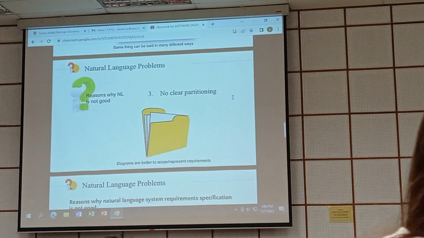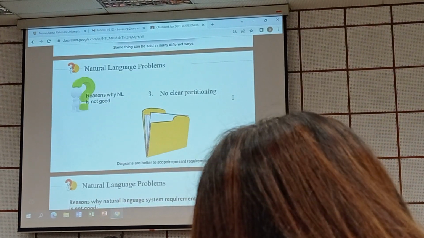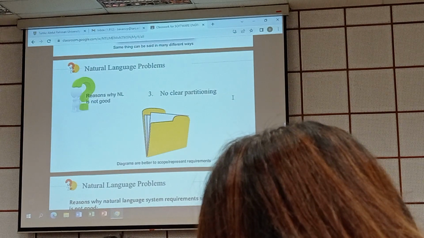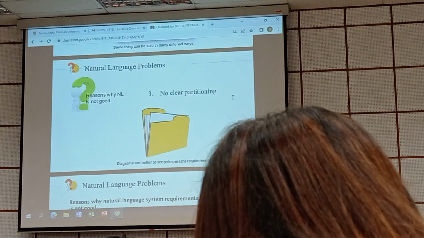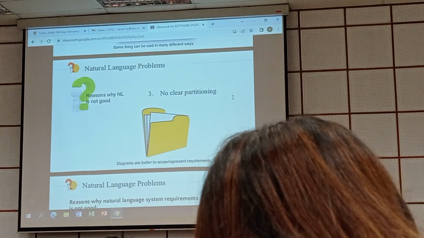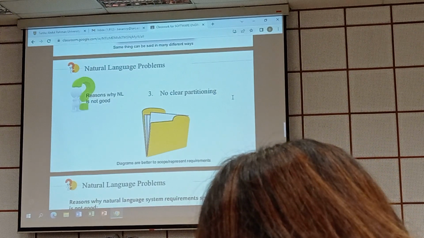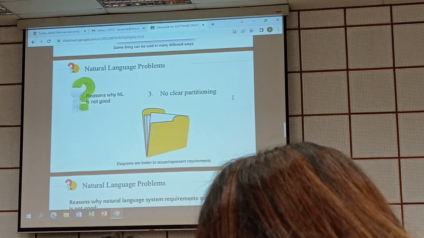No clear partitioning means that when I tell you I want the system to have this, you just tell me like a train, but you didn't tell me more specifically.